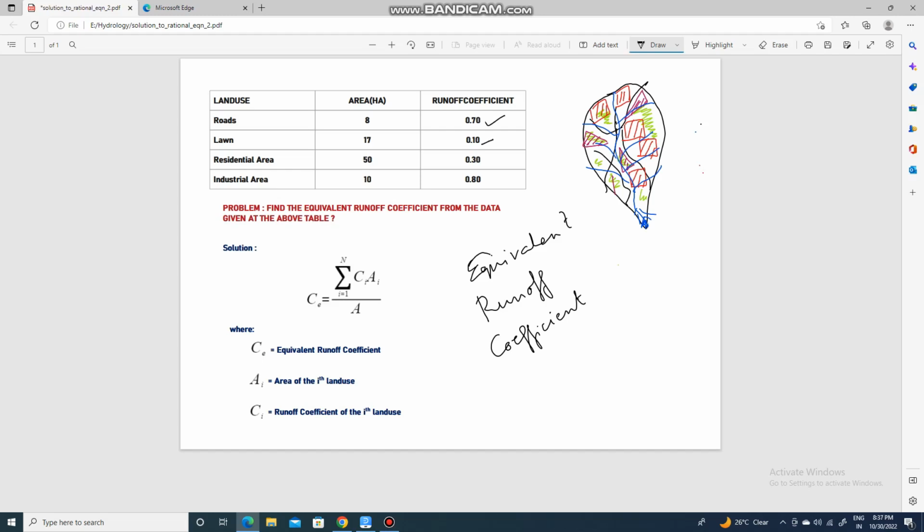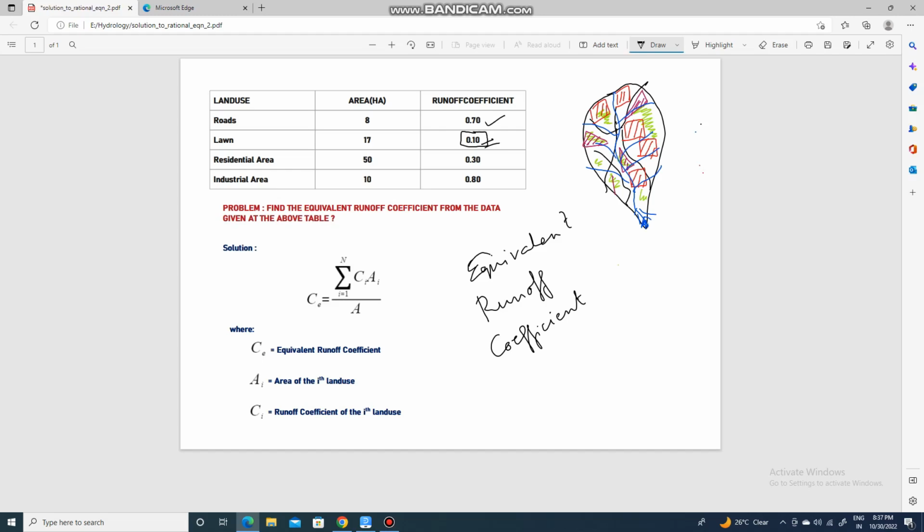Again, lawn area, here infiltration occurs. Lawn area means grassy land, where falling water can infiltrate. So that is why you see 90% of the water is retained in the watershed. Only 10% of water goes away.